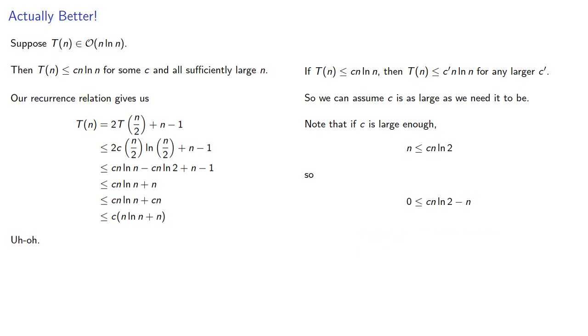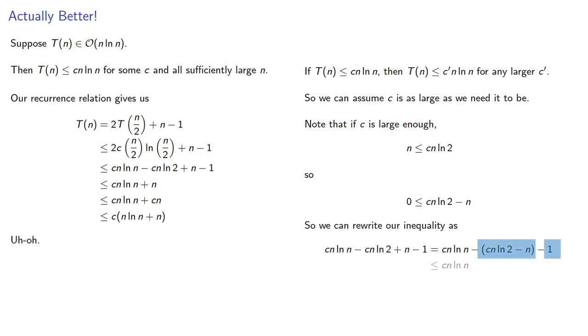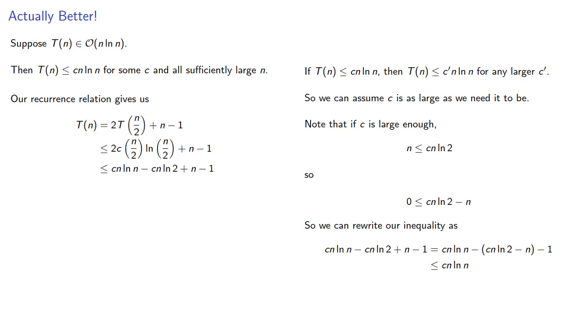So we can rewrite our inequality as this, and since we're subtracting non-negative numbers, if we don't subtract them, we'll make our quantity larger. So that means we can rewrite our subtraction, which proves the induction step.